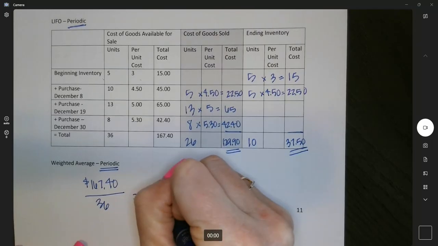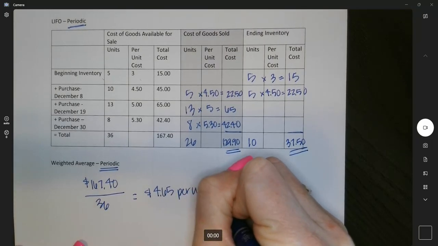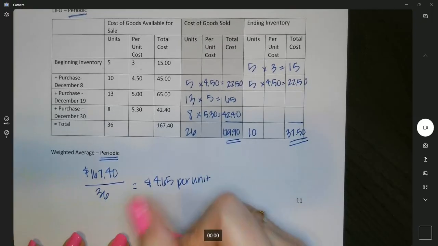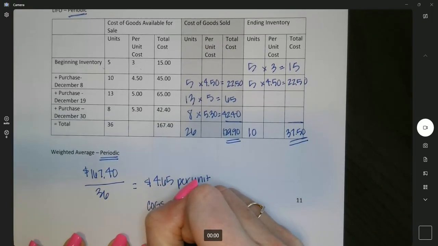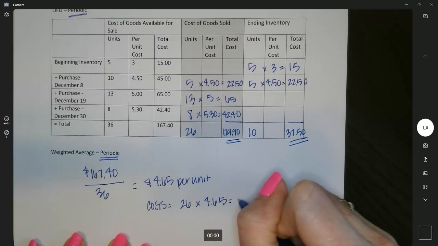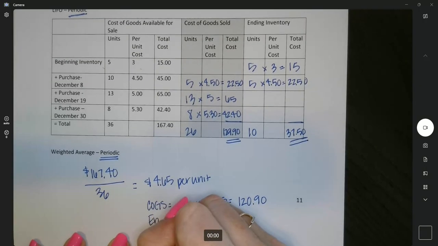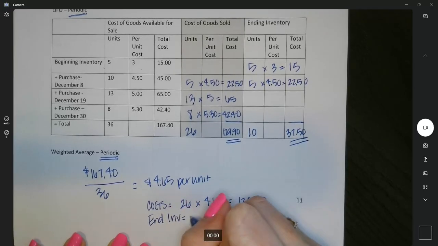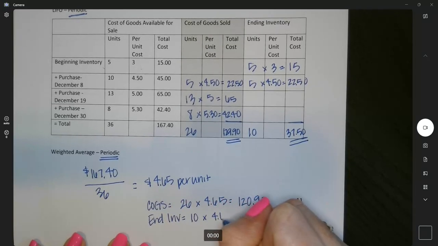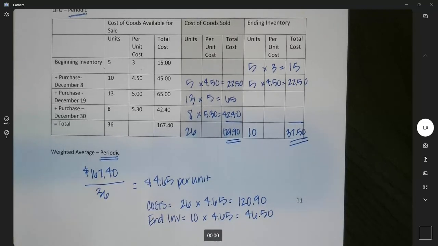And we're going to get $4.65 per unit. To determine our cost of goods sold, we take 26 units times $4.65. We get $120.90. To determine our ending inventory, we take 10 units times $4.65 to get $46.50 in ending inventory.